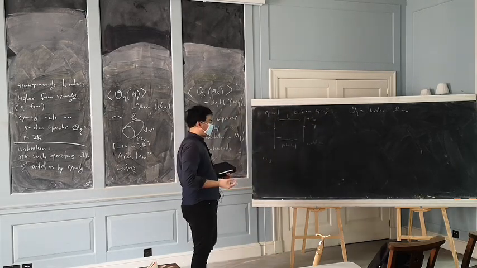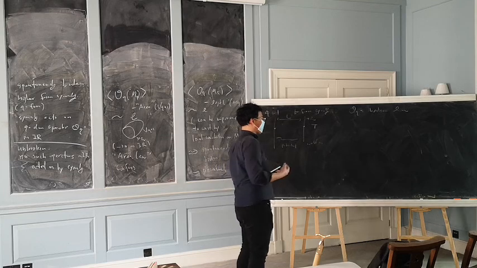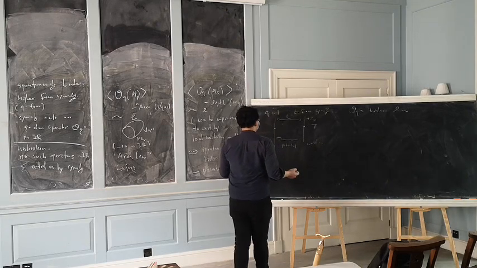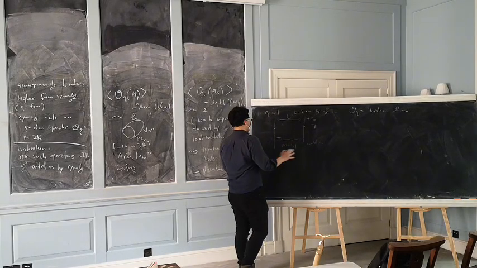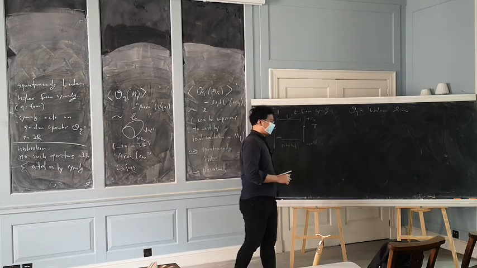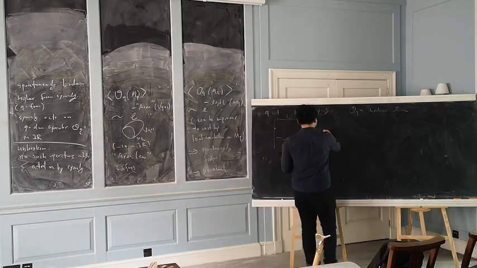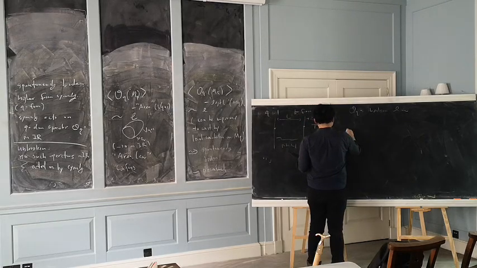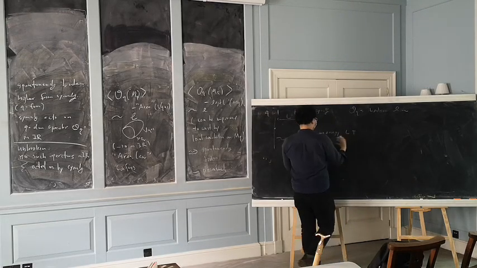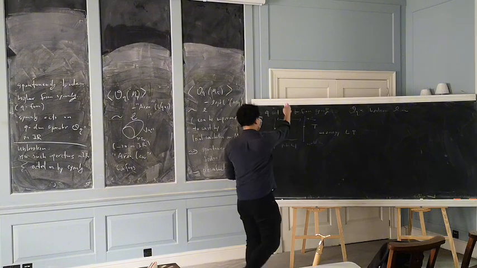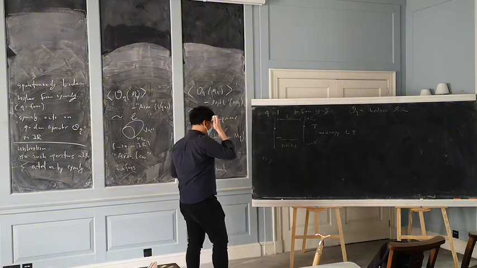Now, suppose the two probe particles feel a linear potential, like a very strong attraction that grows linearly with the distance. Then this configuration will have energy proportional to L times t, the distance times the time where you do the evolution.